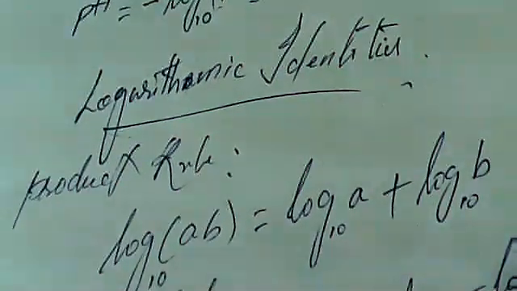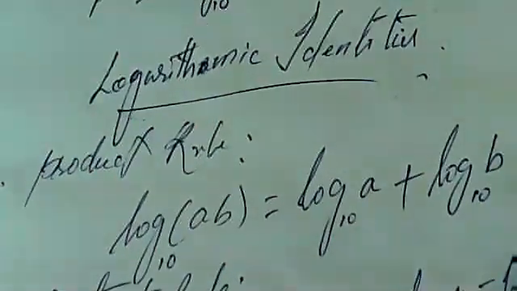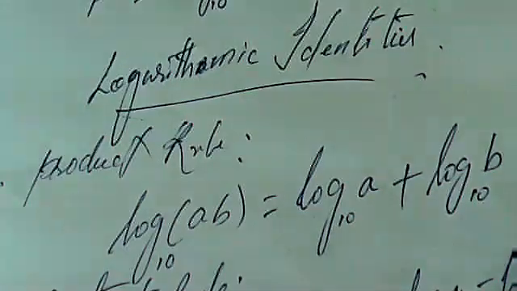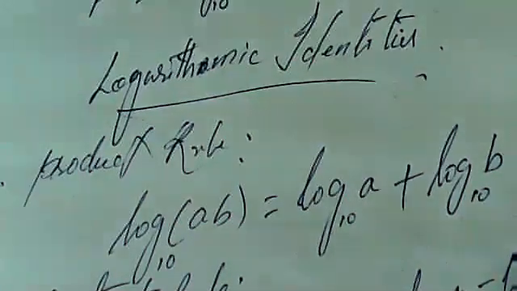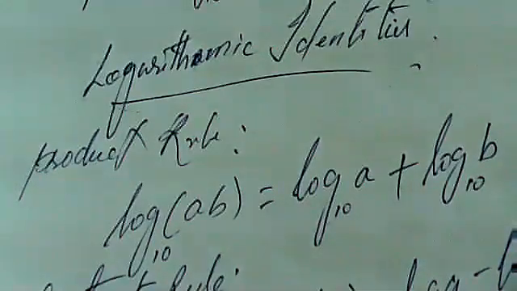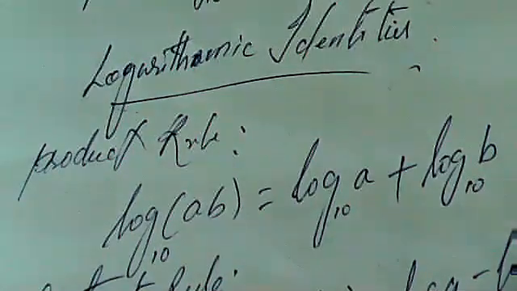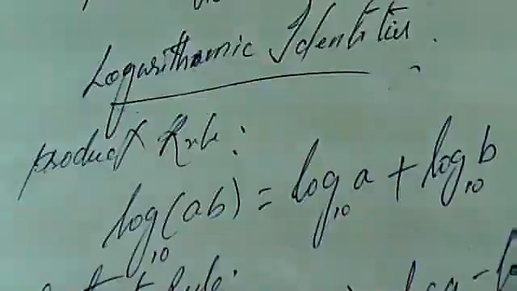So the log applied to the product of two real numbers equals the sum of the individual logarithms to the same base, that is 10. So log AB to base 10 equals log A to base 10 plus log B to base 10.